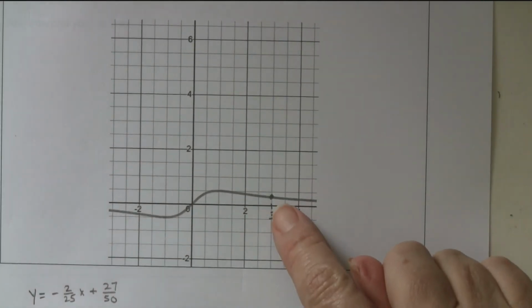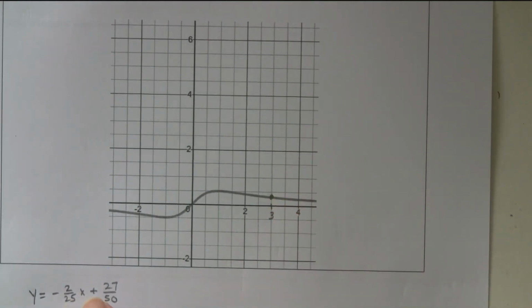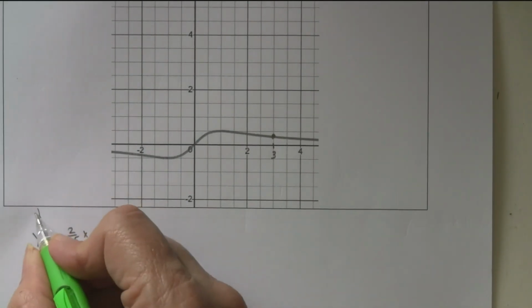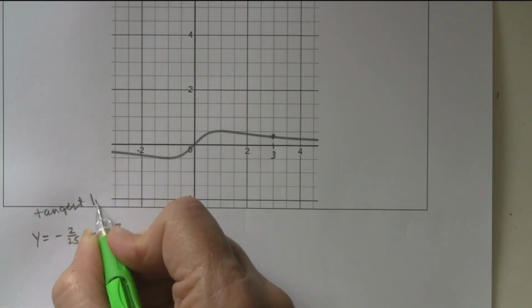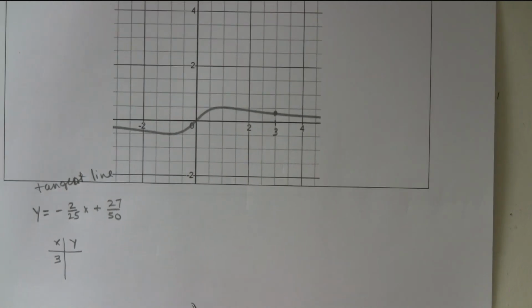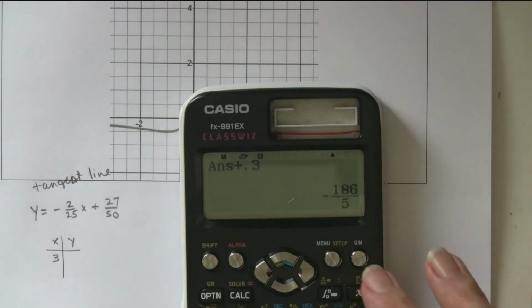And I know that point, if I put in 3 right here, this is my tangent line, right? But if I put in 3, without doing the arithmetic, do you guys know what I should get? Yeah, it should be 0.3. It should be that same point. So I'm going to do that just to verify.